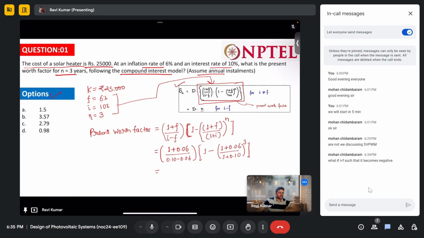Let's say we have 100 rupees today, and after a month, 2% is the inflation rate and 4% is the interest rate, monthly. So effectively our money will be 2% more, so 102.